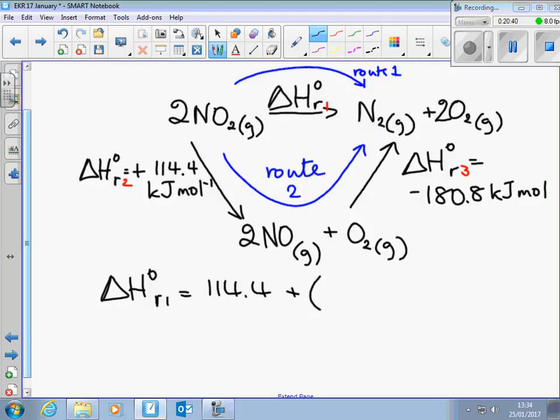But I'm going to put 180.8 with its minus sign in brackets so you can see where it came from. If I just put 114.4 minus 180.8, you don't necessarily get it, because what we're doing is adding those together. We're continuing that route round, which is, calculators at the ready.